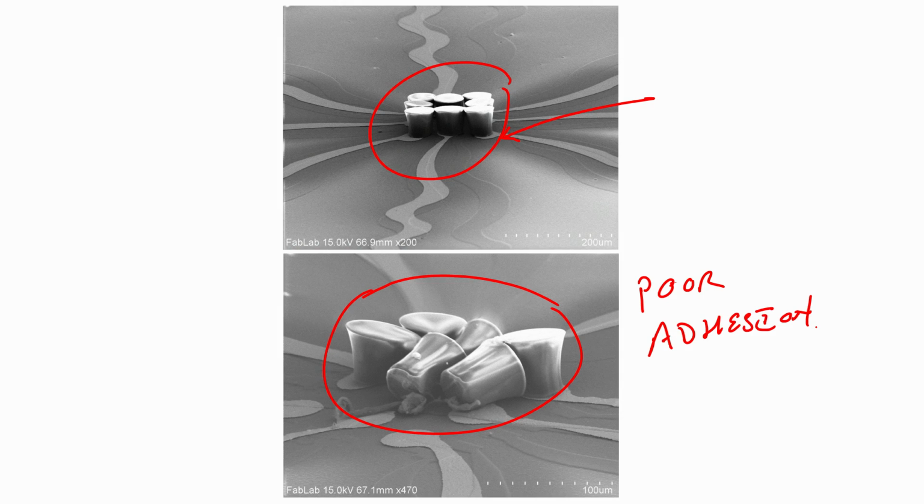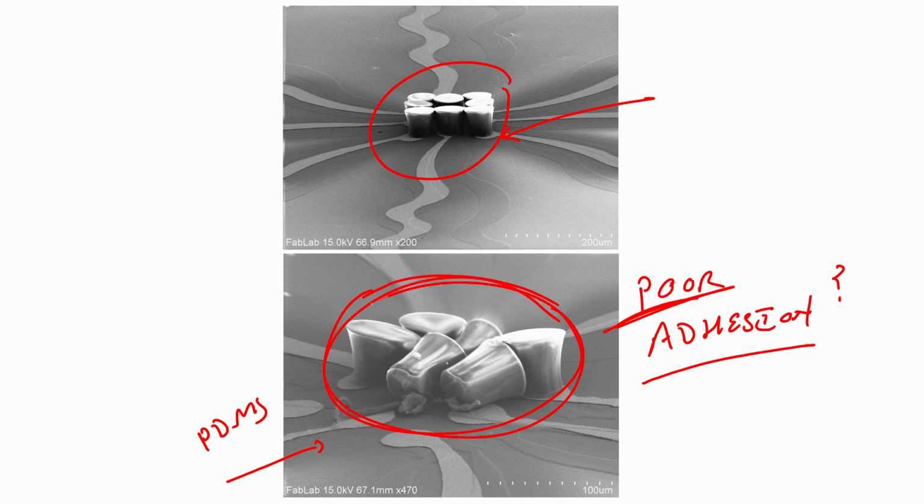And why is there poor adhesion? One of the possibilities is the moisture content on the PDMS layer, because of which these SU-8 pillars have fallen down.